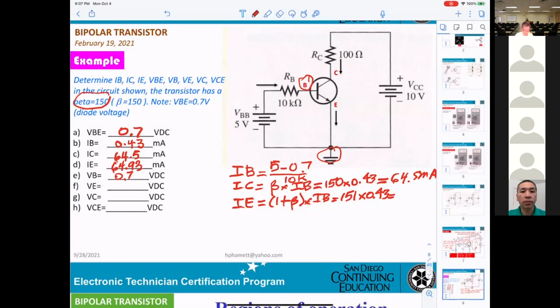VE is 0. They connect directly to the ground. VC.